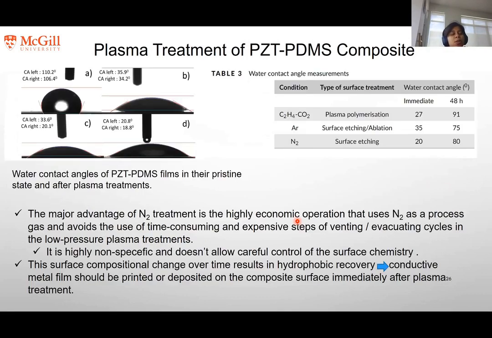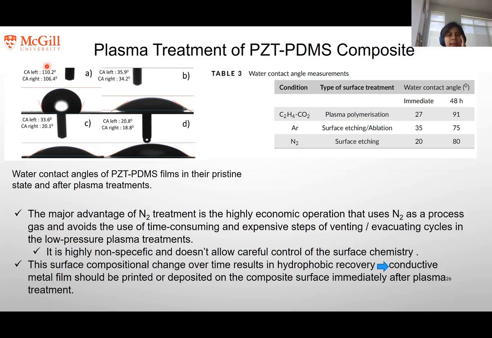And then we also looked at the contact angle. The idea is that as the contact angle goes lower, the surface becomes more and more hydrophilic. So here are the contact angle measurements.